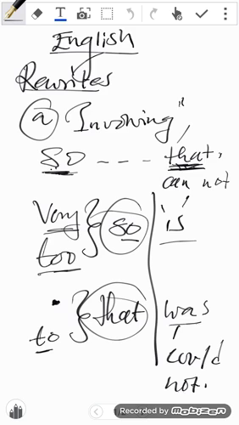The key words are very and to. When they are present, substitute with so. Also look for the full stop and the other two. And when they are present, substitute with that. If you have the be verb is, make sure you involve cannot or can. If you have the be verb was, make sure you involve could not or just could.